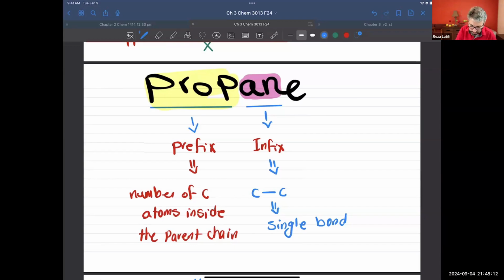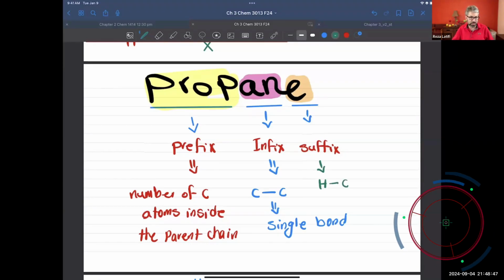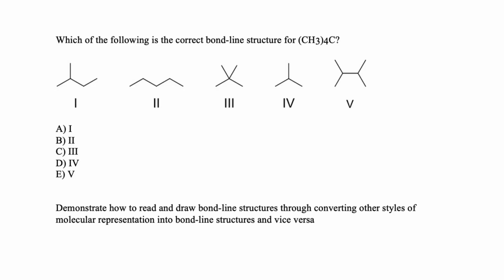Now the last letter says E. That's going to be your suffix. And this one is telling me that I'm dealing with a hydrocarbon. So I have hydrogen attached to carbon, and my compound is made of hydrogen and carbon, or hydrocarbon.